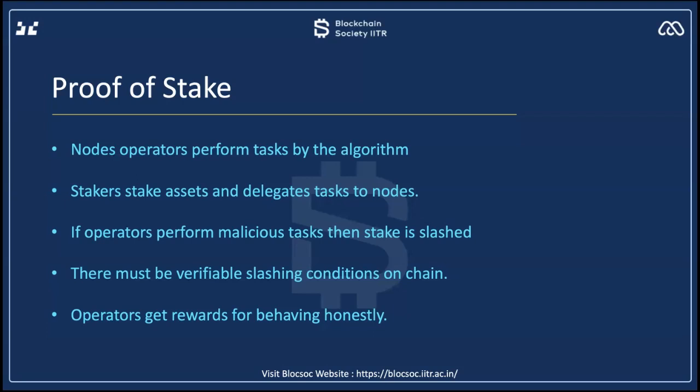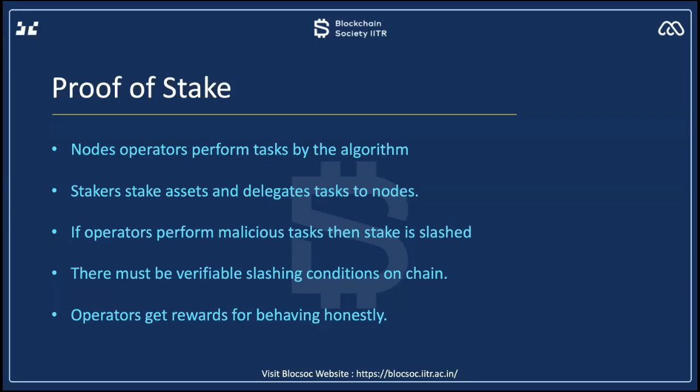People want to get in on these rewards, but they would also have to perform tasks for that, and not everyone wants to do that. That's why the staker-delegator concept came along, where a group of stakers provide capital, which provides economic security for a network, and they delegate their tasks to be done by a node or an operator.